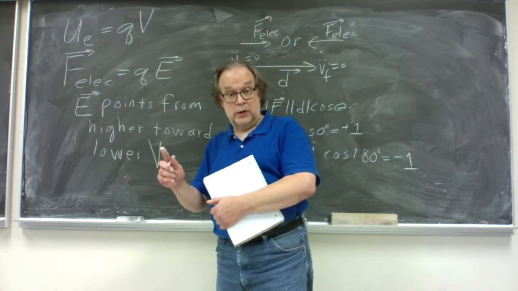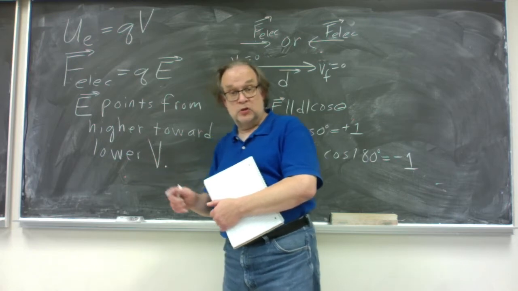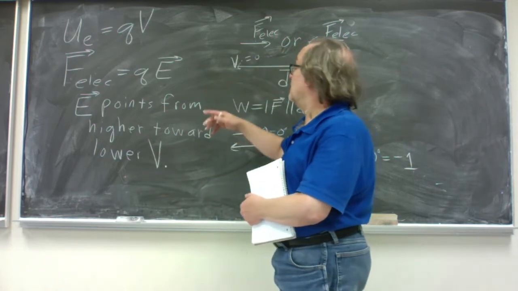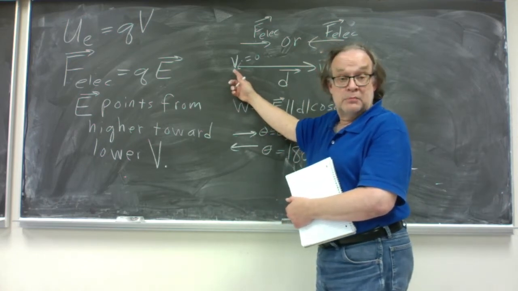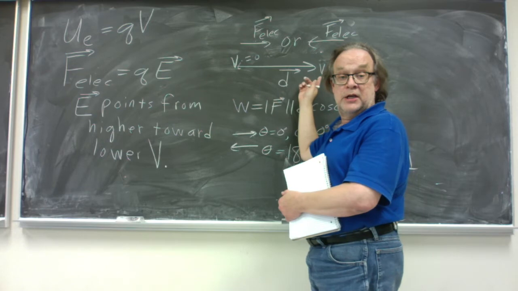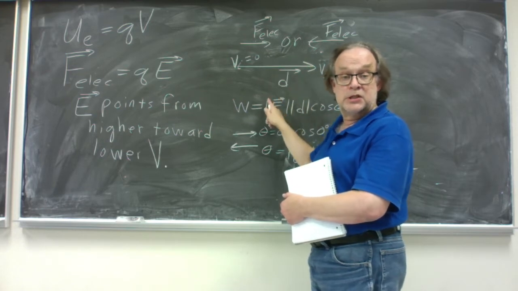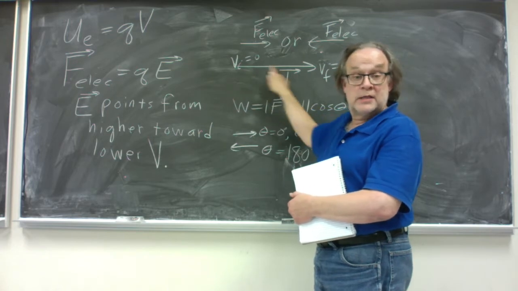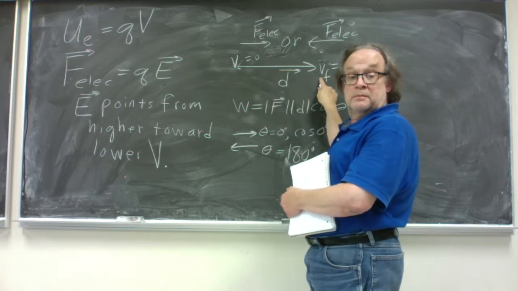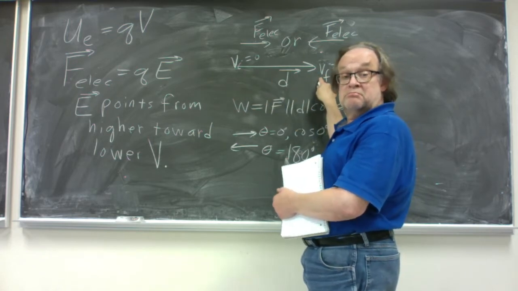Let's think about another relationship between field and potential. Just imagine a situation like this. You've got some charged object that moves from here to here, just experiences some displacement that we'll call d, and it starts from rest, and when it gets to the final location, it stops there.